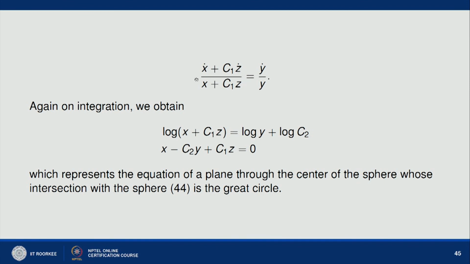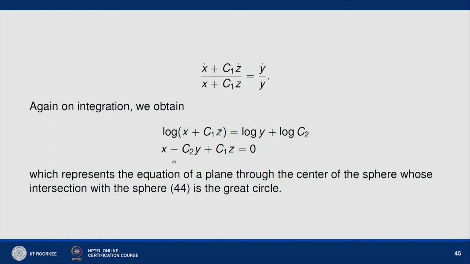Again the numerator is the derivative of the denominator. So you can integrate both sides and get log of (x plus C1 z) equal to log of y plus another integration constant, that is log of C2. When you simplify this, you get x minus C2 y plus C1 z equal to 0.